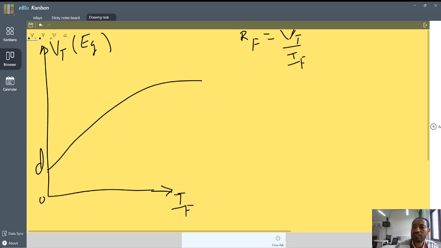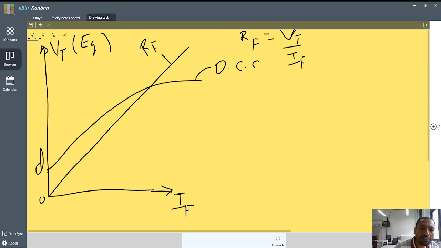Having some terminal voltage and current, if you plot the resistance, it gives you a linear relation like this. So this is the open circuit curve, and this is the field resistance line, the RF curve, which is VT by IF.